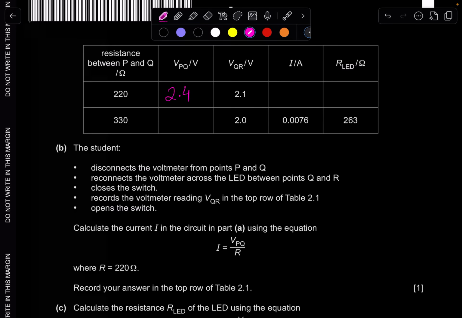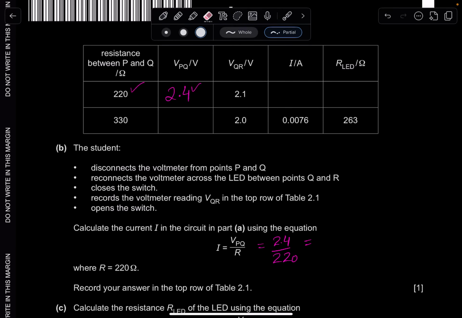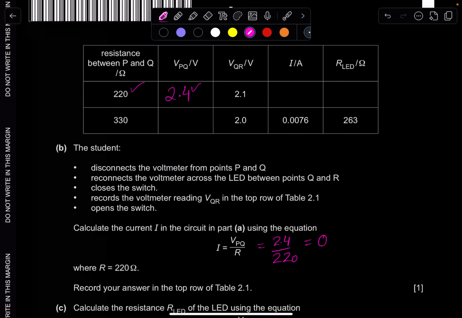The answer can be, the voltage of PQ is 2.4 here, and resistance R is here, that is 220. So this will give us, sorry, it's not 2.5, it's 0.011.